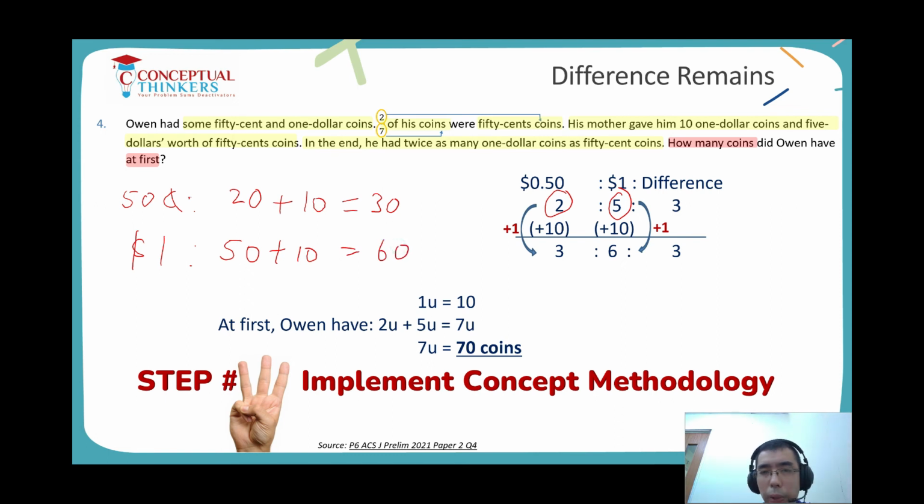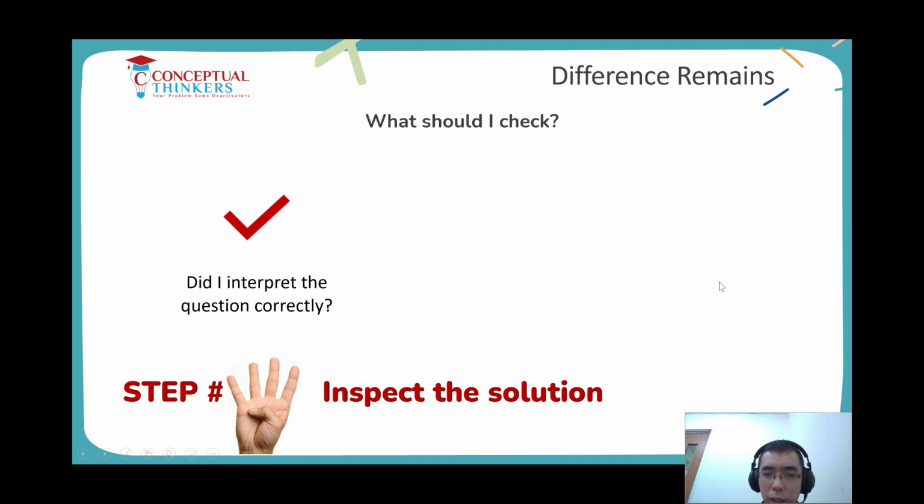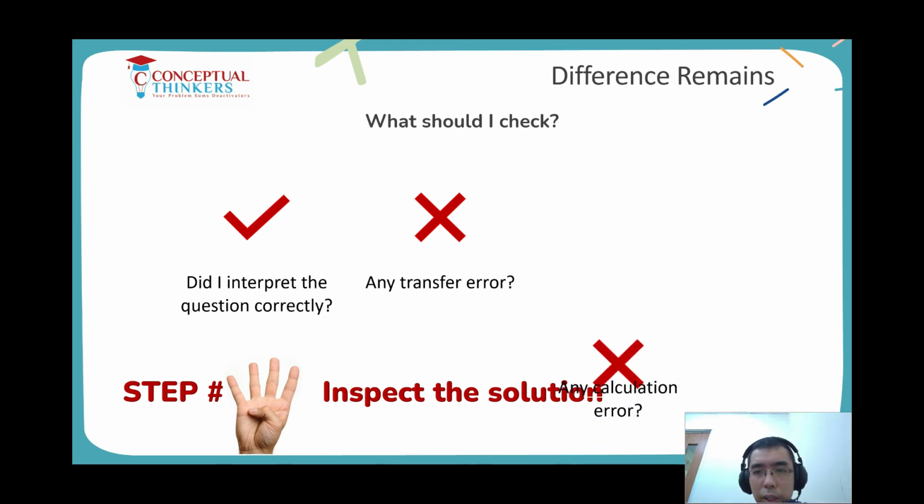Now if we do a comparison, this is twice of this, which is what the question mentioned. So we know that our answer is correct. This is one way to do our inspection. We have various ways to check our answer. When we inspect, we have to see whether we read the question correctly, whether we copied the numbers wrongly, a transfer error, or whether we made any calculation error.